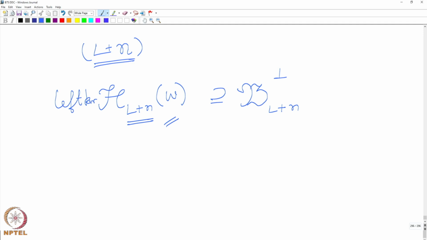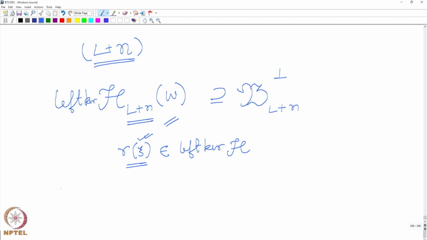What you have to do is keep shifting that vector in the left kernel. In other words, this R xi that was in the left kernel, I am sure you can figure out why I am writing R xi instead of just a vector. I have made this identification implicitly, that H_{L+n} is identifiable with things which are polynomials.